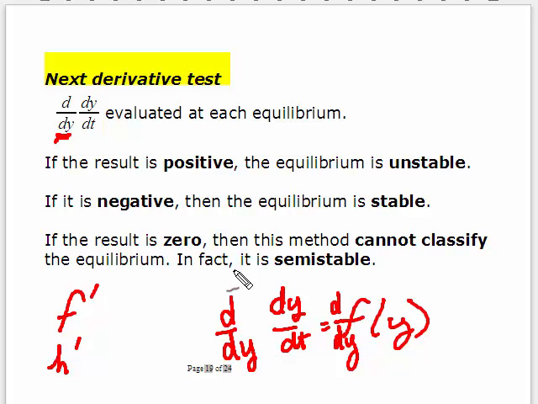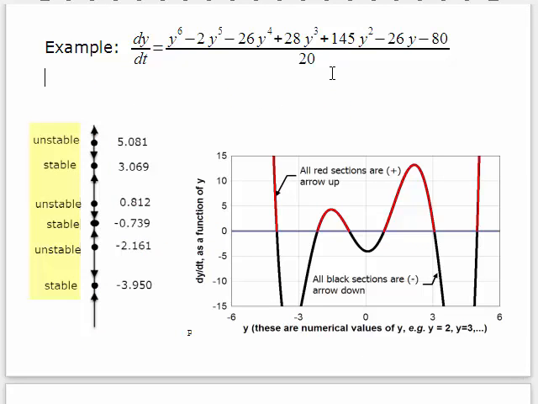So let's go back to the graph of dy by dt, this graph right here, and figure out what this means. What we're looking at is taking the derivative and evaluating it. Now here's a previous picture for the previous test.